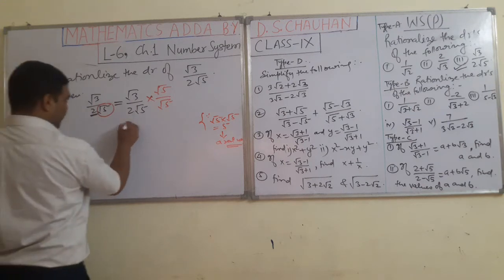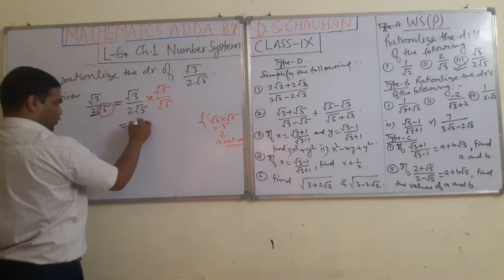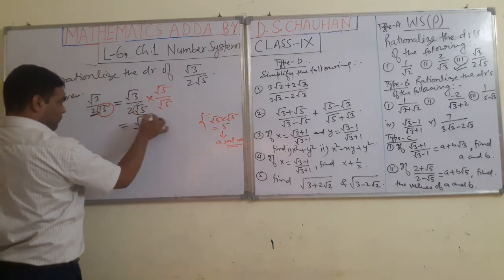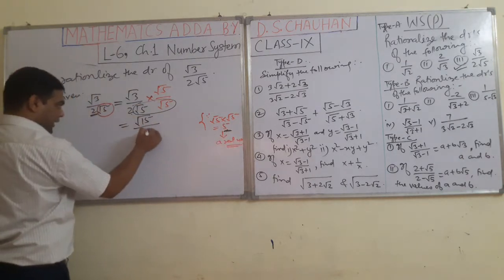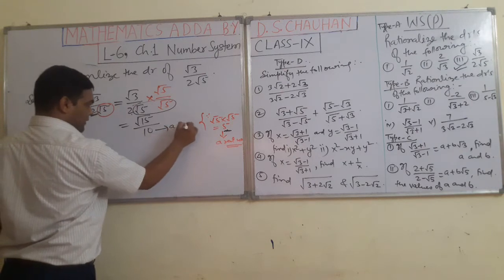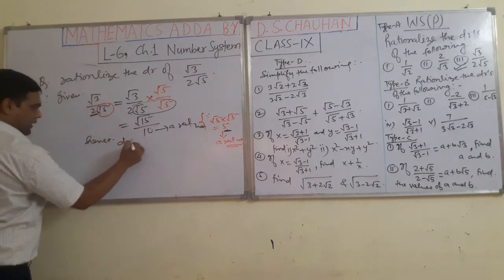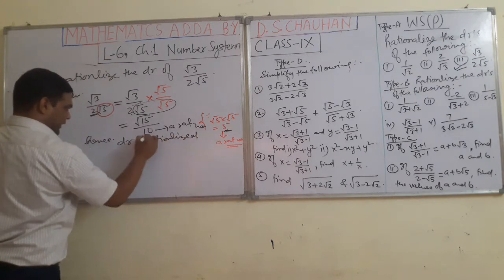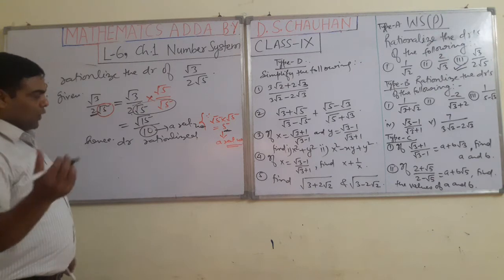Now students, what will you get here? This is root a into root b type. So root 3 into root 5, what will you get? Root 15. And here, root 5 into root 5, what will you get? 5. And 5 into 2, what will you get? 10, a rational number. Hence we can say that the denominator is rationalized. Why? Because 10 is a rational number. Okay students, I hope you have got my point.